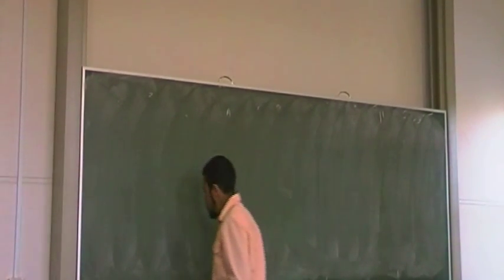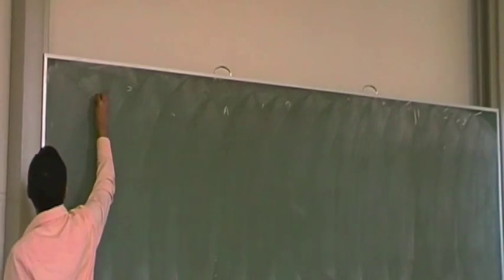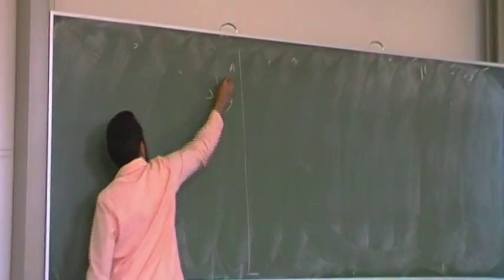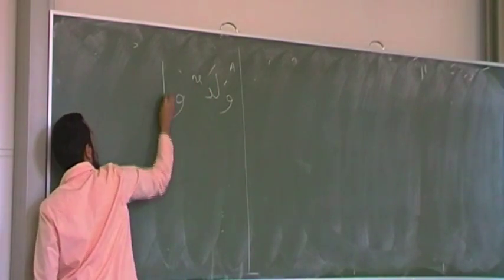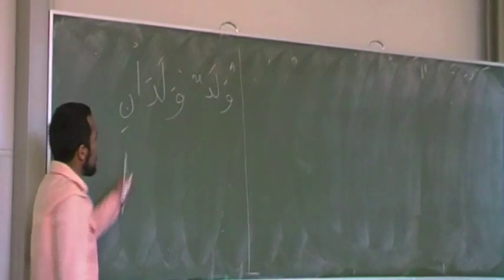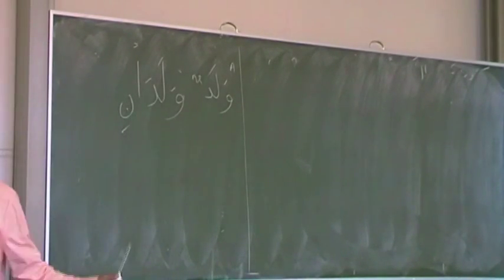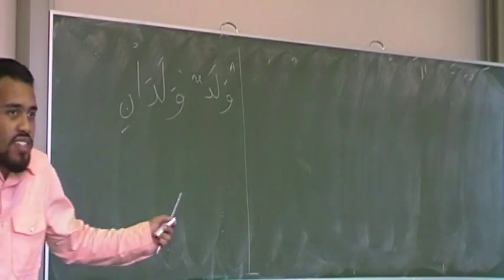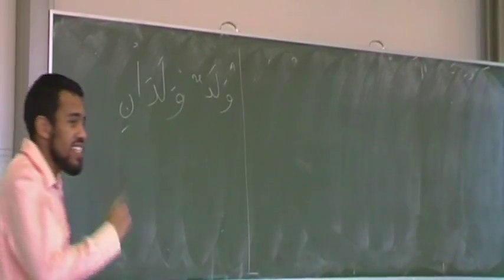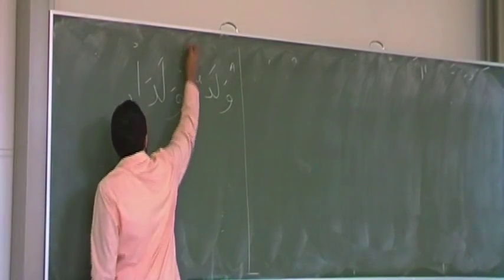Waladun. What's the dual? So I have waladun. The dual will be walada. Now, this here is still indefinite also. Remember that. That means two boys. It doesn't say which two boys. I don't make it definite. I say al-waladani.